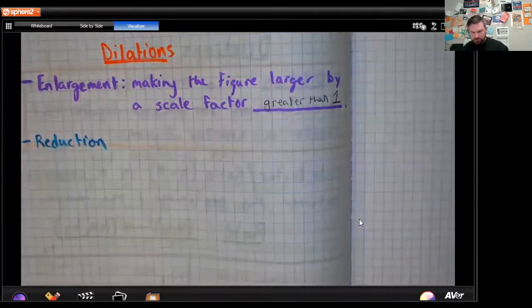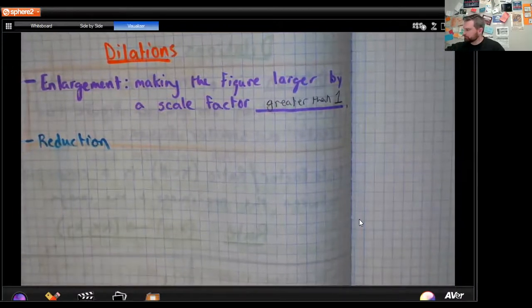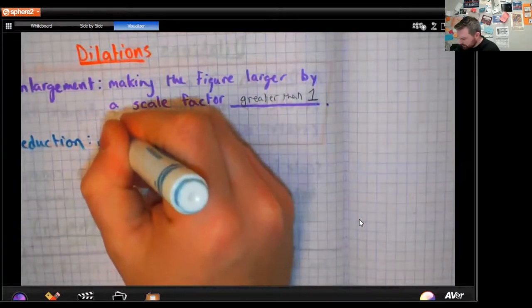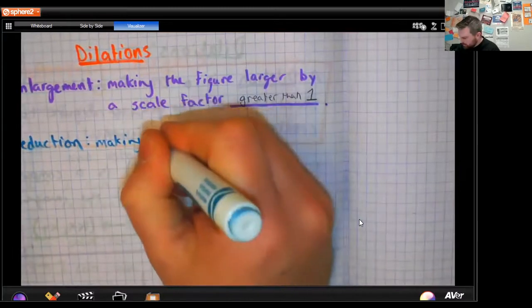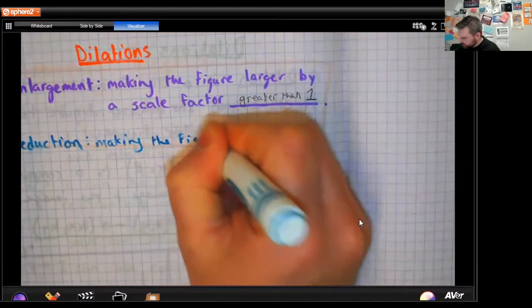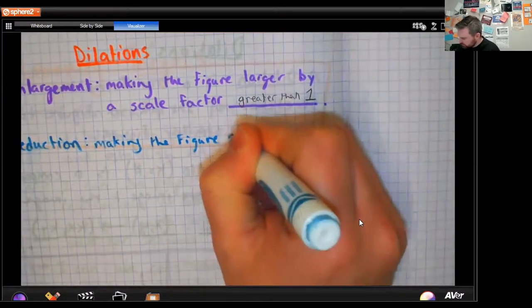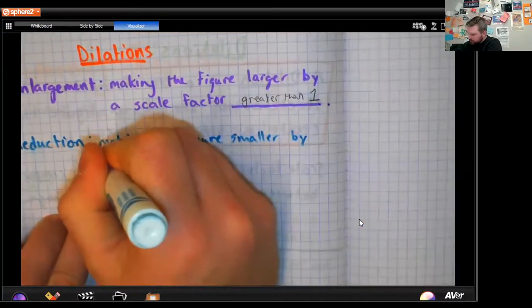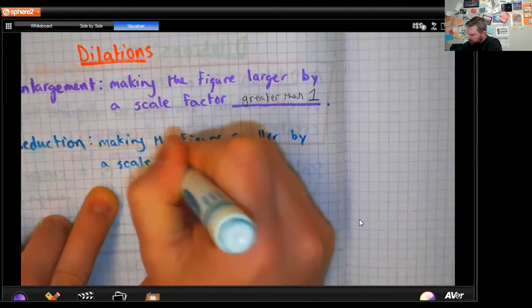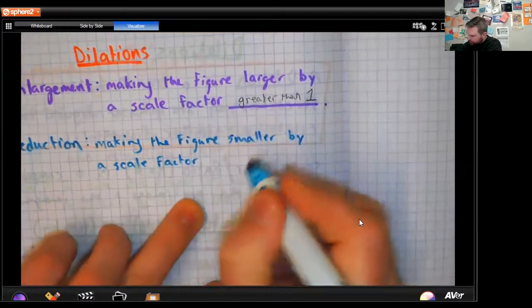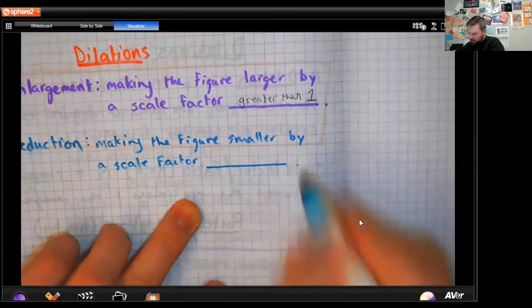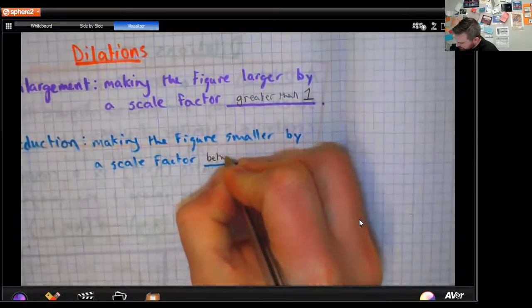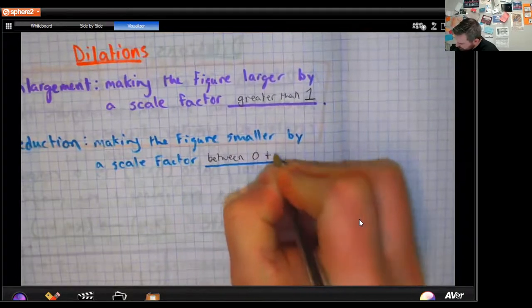A reduction is making the figure smaller by a scale factor that is between 0 and 1.